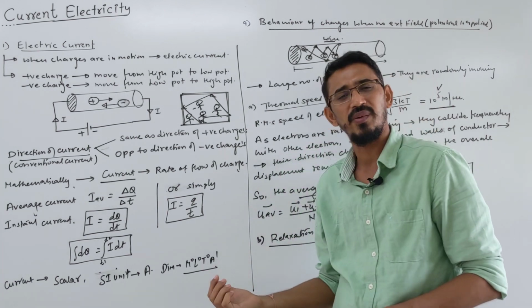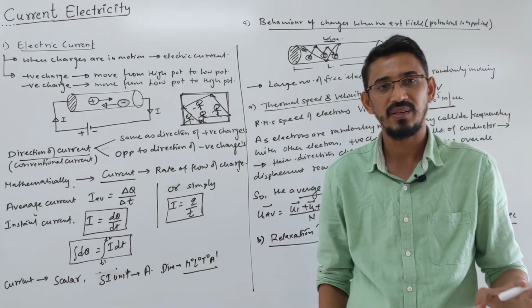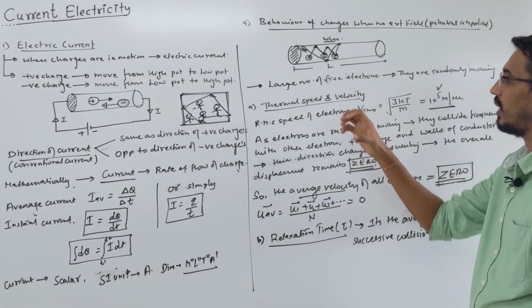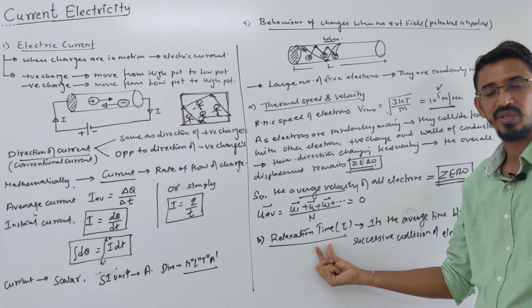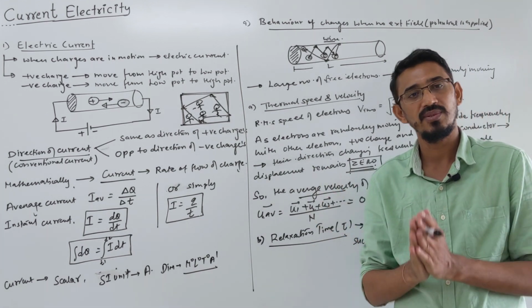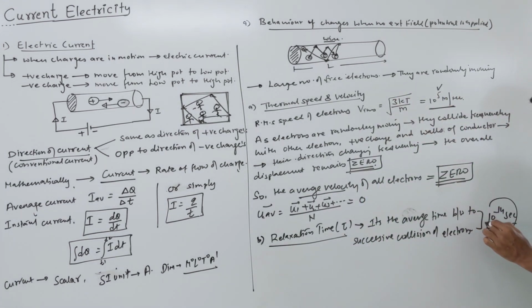And this time is very, very small. If you want to write it in numbers, it comes around 10 power minus 14 second. Very, very small time. So they are colliding very, very frequently. So why am I telling this term? Because later when we talk about the numerical part, this term will come. Okay, relaxation time is the average time taken between two successive collisions of the electron, and this value is around 10 power minus 14 second.